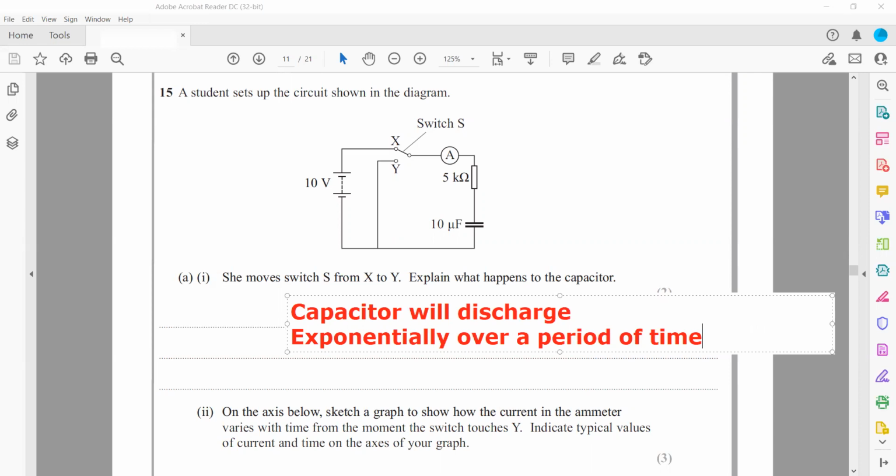One mark is for mentioning that the capacitor will lose its charge or discharge, and the second mark is for mentioning how the charging or discharging happens. So it is exponential charging as well as exponential discharging.